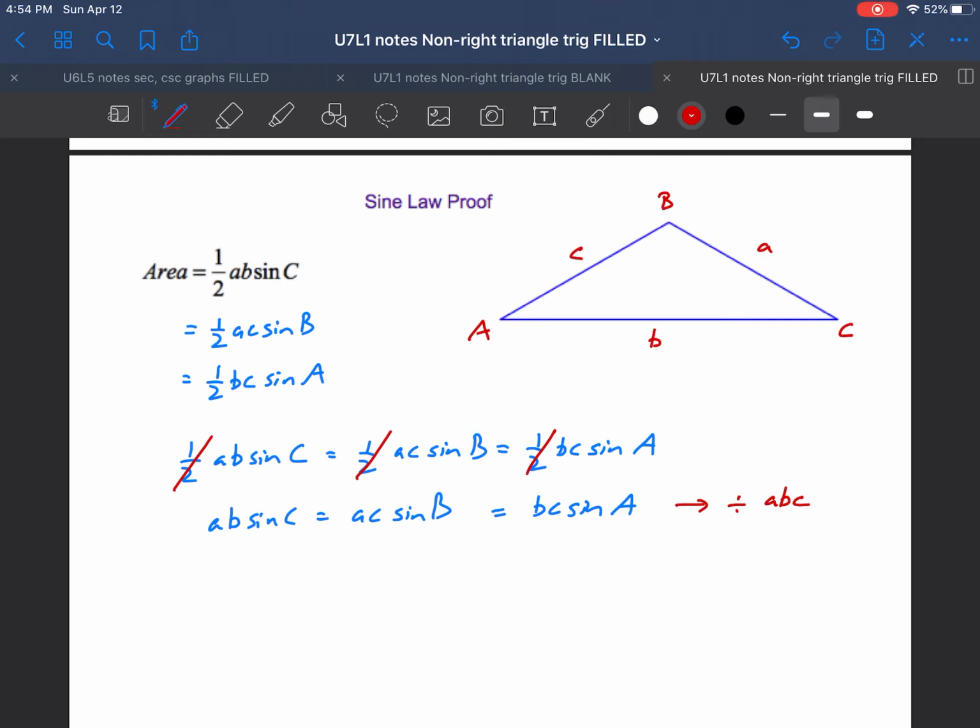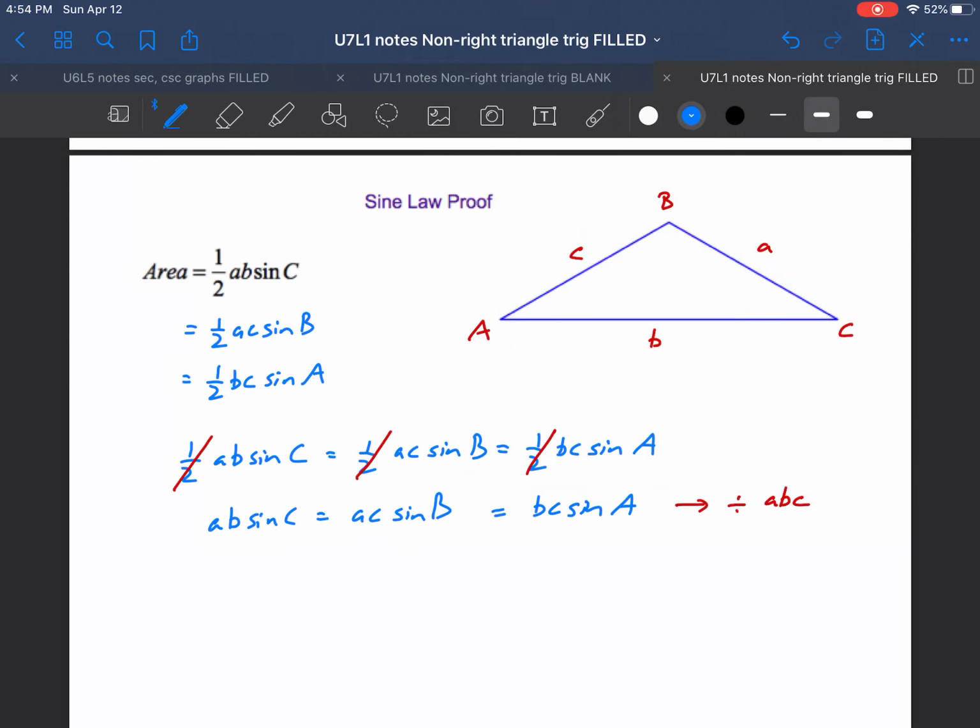That's okay to do because we've got equality throughout, so we can divide every part of the equation by the same number. None of these are 0 because they're side lengths.